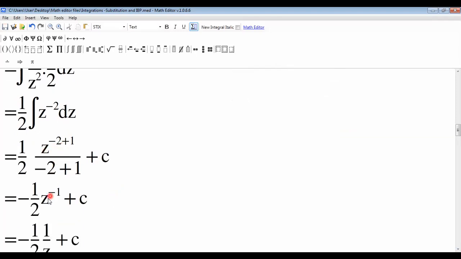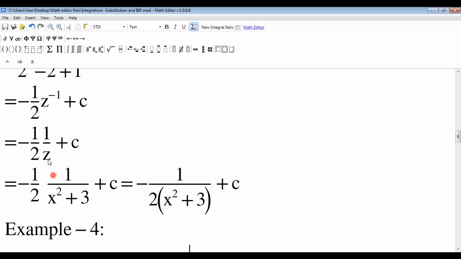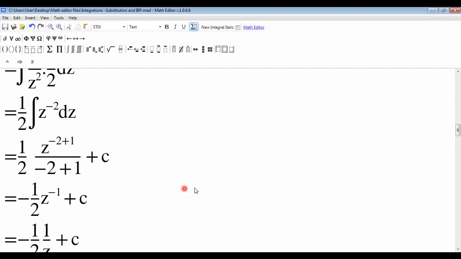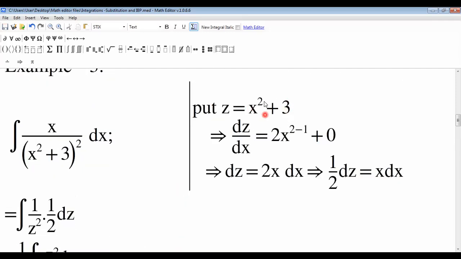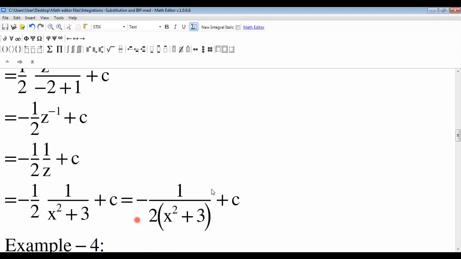So we get z to the power minus 1 over minus 2 plus 1, which is minus 1. Minus 1 and half will be minus half, z to the power minus 1, which means 1 by z. But what was z? z equals x square plus 3. Now after putting in the z value, we get this integration.